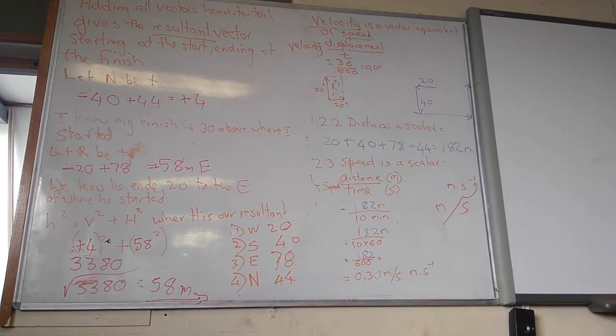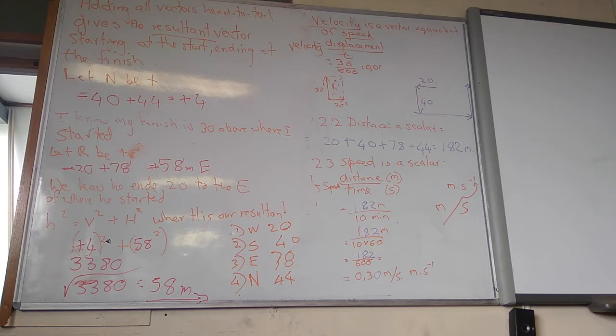Now, that was then define the term velocity. It's displacement over time. Then calculate the magnitude of the pirate's average velocity. So then we go, velocity is displacement over time.